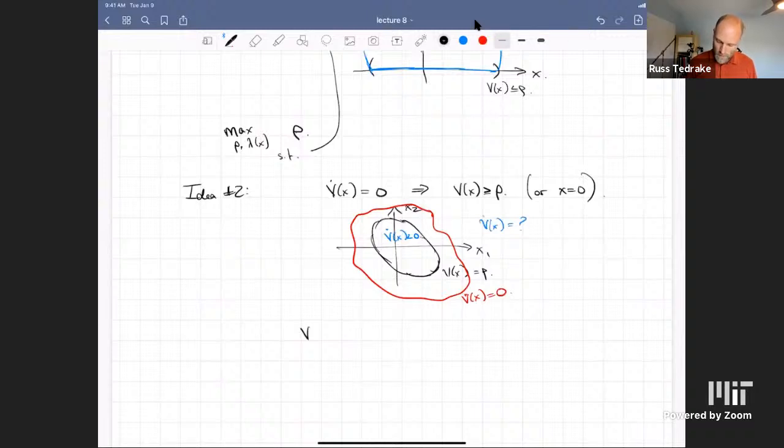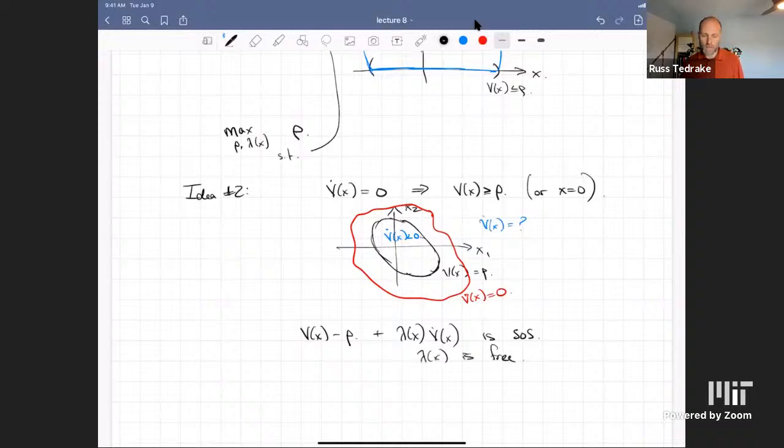v of x minus rho, I want that to be sums of squares. I want that to be positive, but it only needs to happen when lambda x times v dot x. And then lambda x in this case is free.